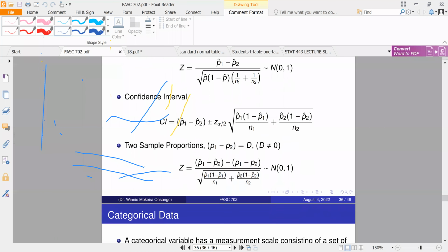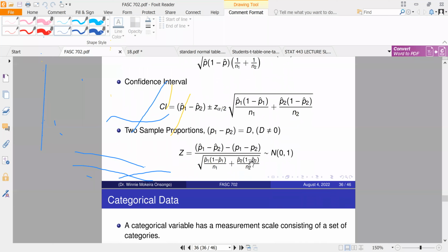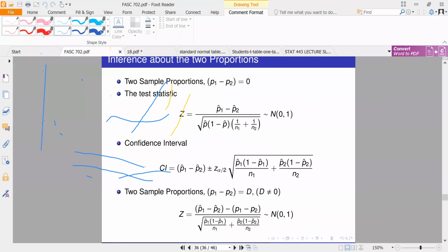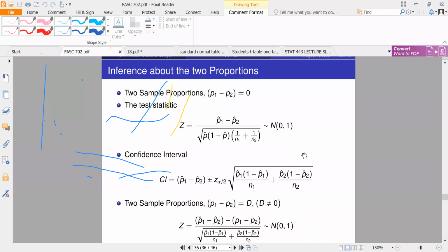Now, if we standardize, we also have this random variable Z. And this random variable is what is going to be used in estimating the confidence intervals.